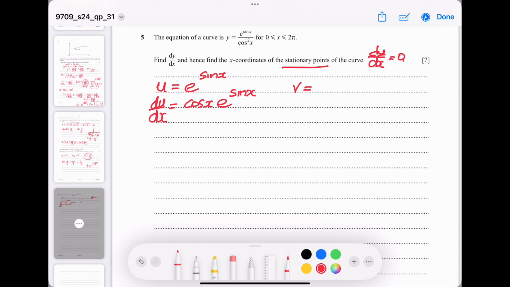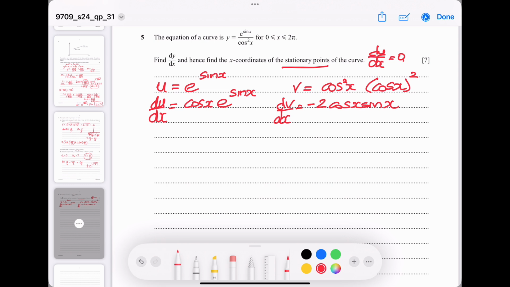v is cos squared x, which I'm just going to help myself out by reminding myself that that means cos x all squared. dv dx is then going to be, again, using the chain rule. So we've got 2 cos x, removing the power, but then remember we multiply by the derivative of cos, which is minus sine x.